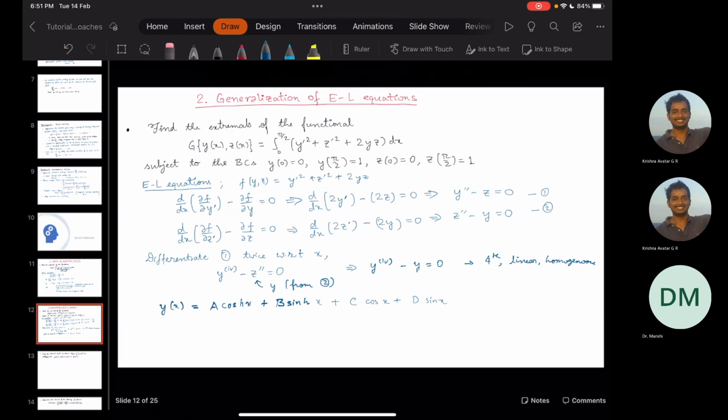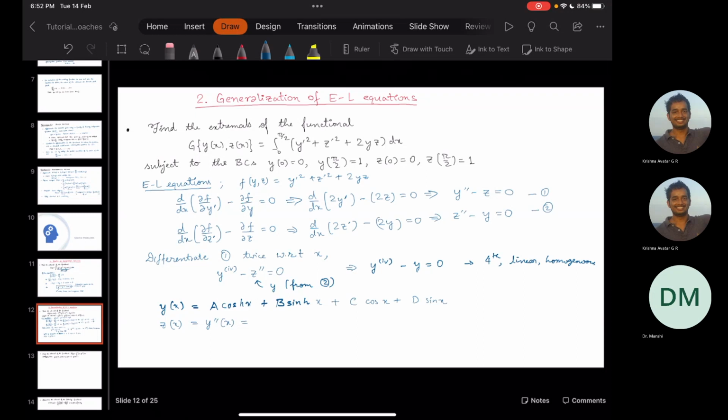Now, to obtain the expression for z, what we know from our first equation is that z is equal to y double prime. So we have z of x is equal to y double prime of x. Now let's consider every term.